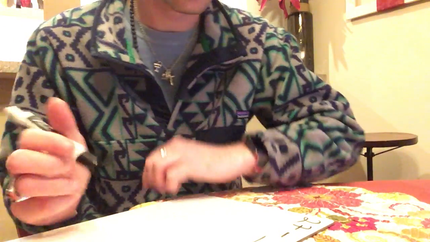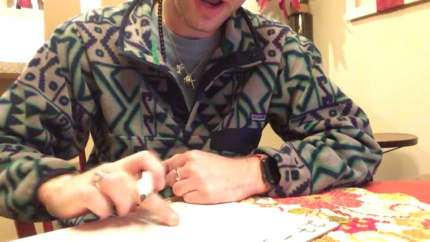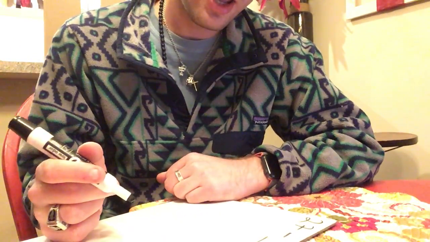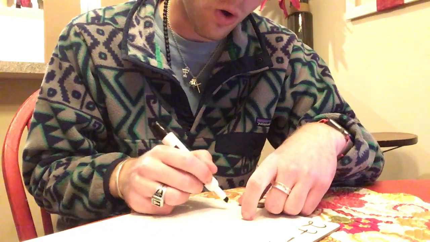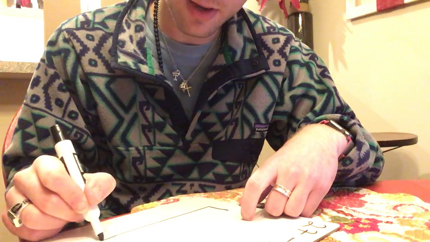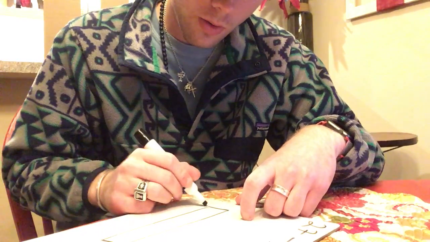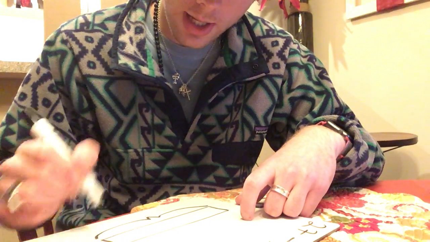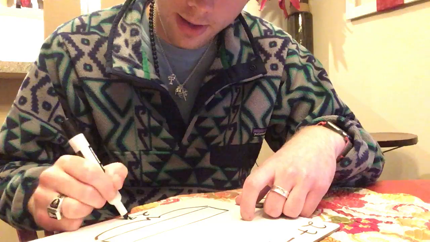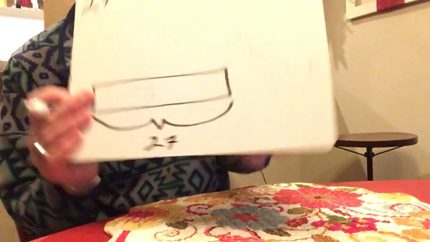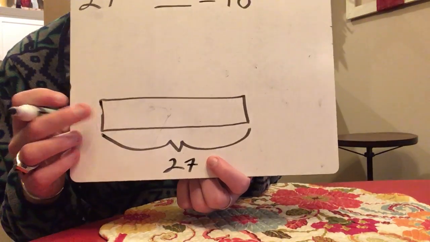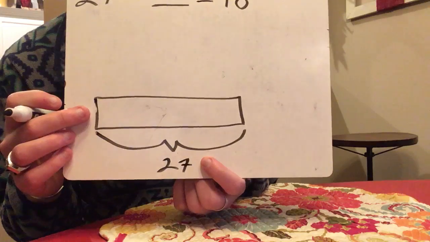So for this problem, one way I want to look at this is we want to have our whole, 27, and I'm going to represent it like this by this little cube stick.